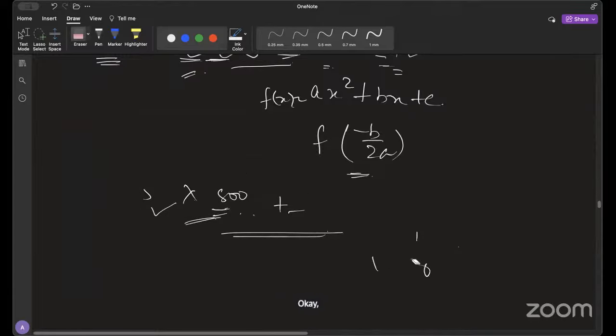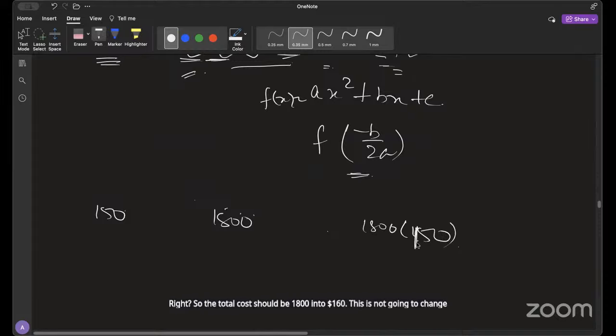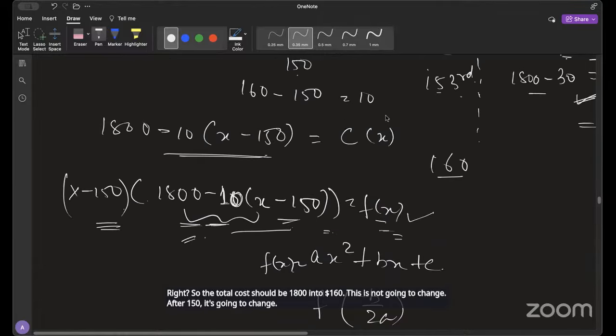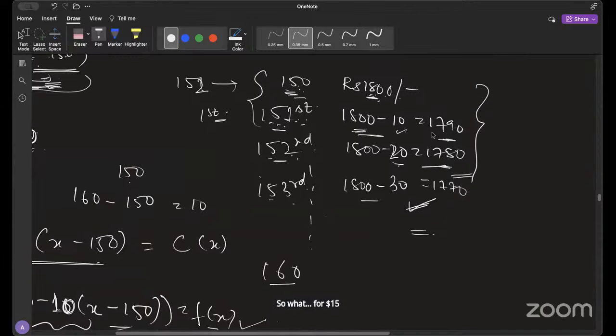Okay, let me explain this entire thing again quickly. Till 150, it's 1800, so the total cost should be 1800 into 150. This is not going to change. After 150, it changes in this manner. For the 151st item, it's 1790. For the second one, it's this, and for the third one, it's this.